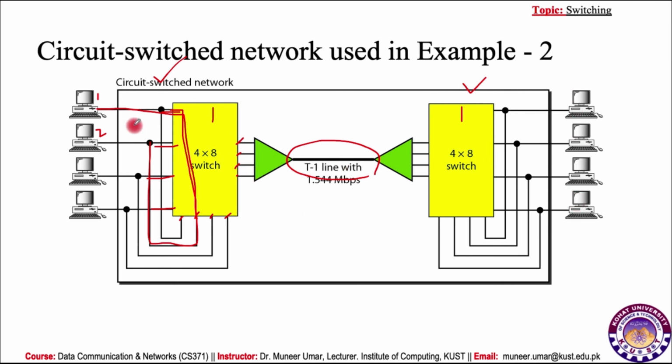So, if number 1 wants to communicate with number 1 in the other office, it would go through this channel, and this would be a dedicated path between number 1 here and number 1 here.